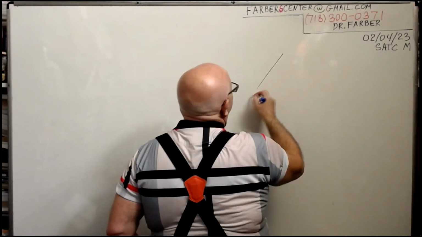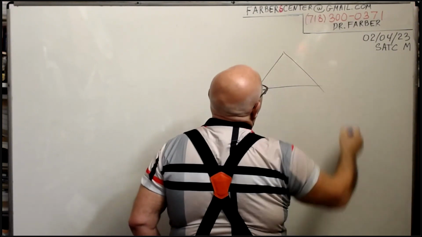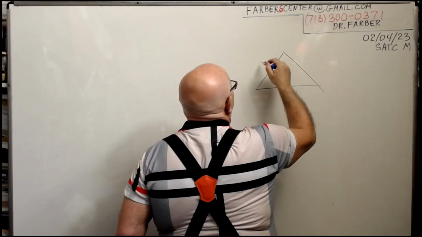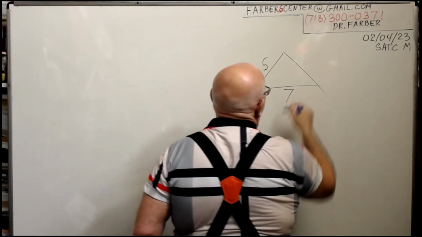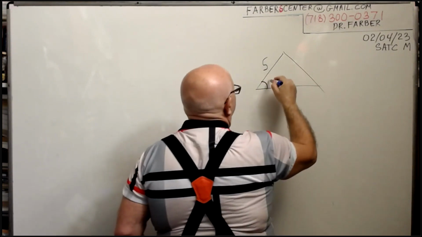For instance, you have a triangle ABC, and this side is 5, this is 7, and this angle is 30 degrees.